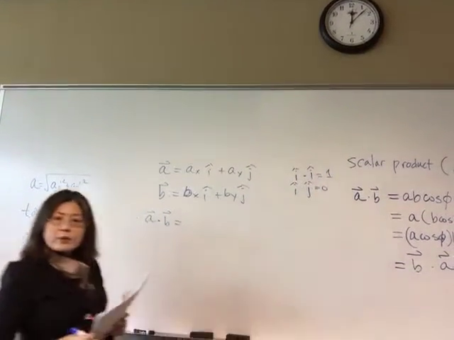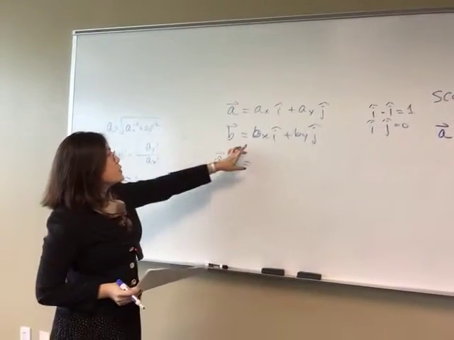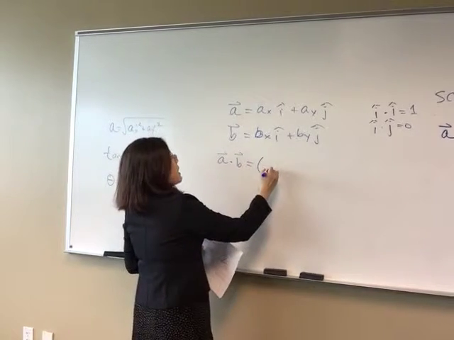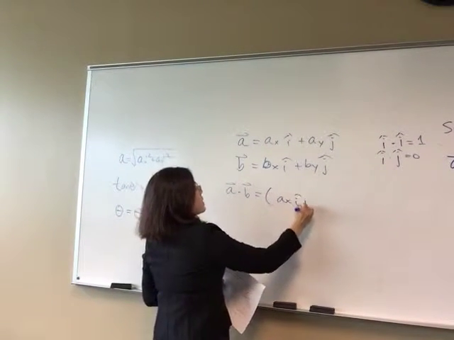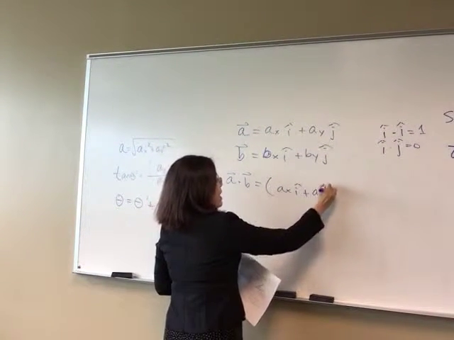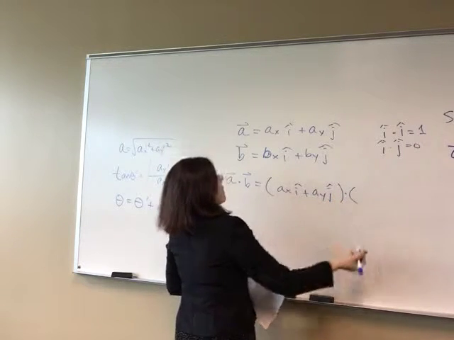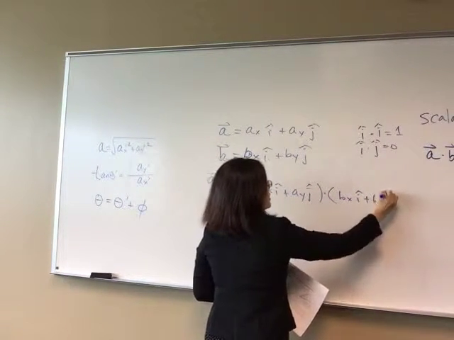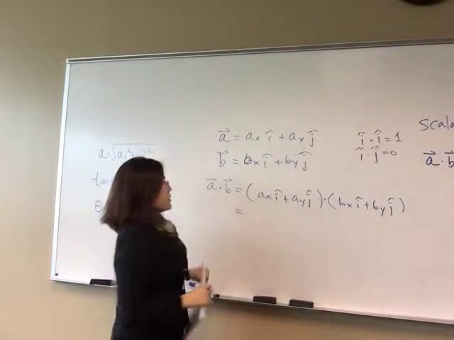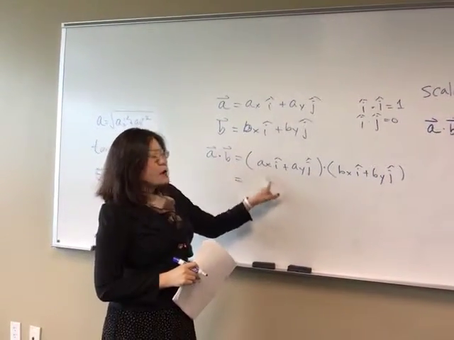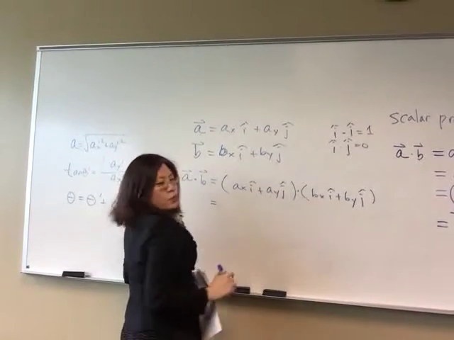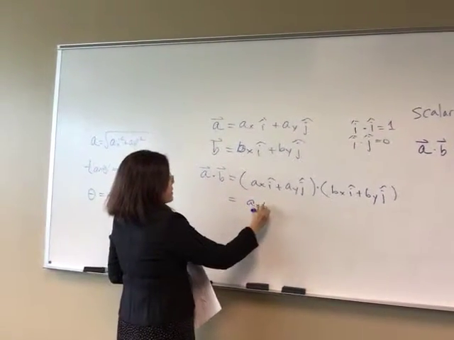These are the principles. So let me write it out: AX I hat plus AY J hat, scalar product with BX I hat plus BY J hat. You have to multiply them out. I dot I gives you 1, so you have AX BX.